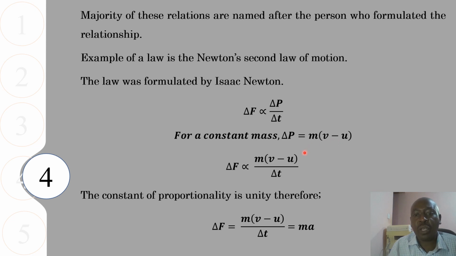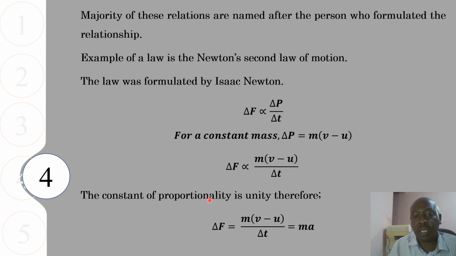So if we now substitute that into the relation, we get that change in the inertia force is directly proportional to the relationship where in the numerator we have the mass multiplied by the change in velocity, and in the denominator we have the change in time.